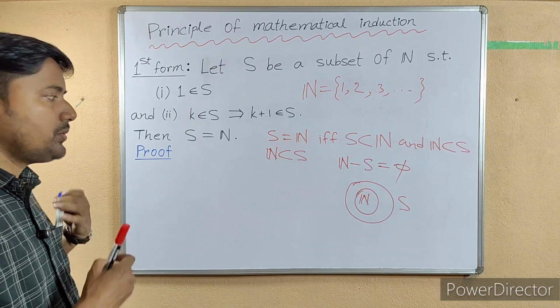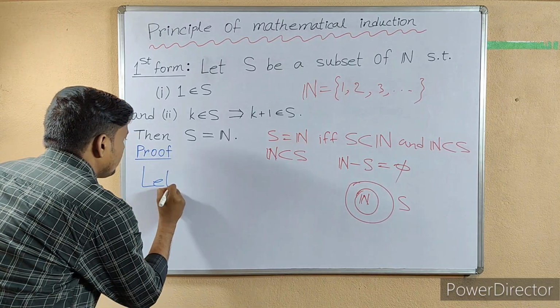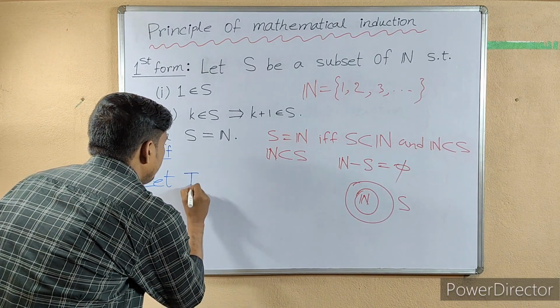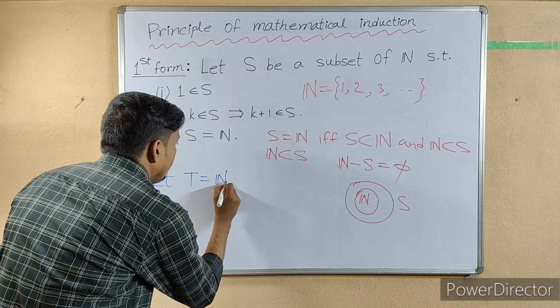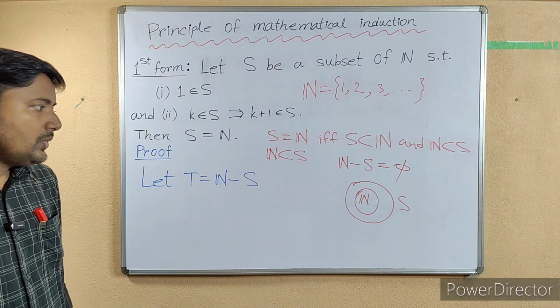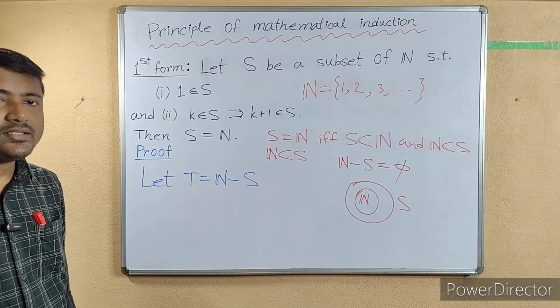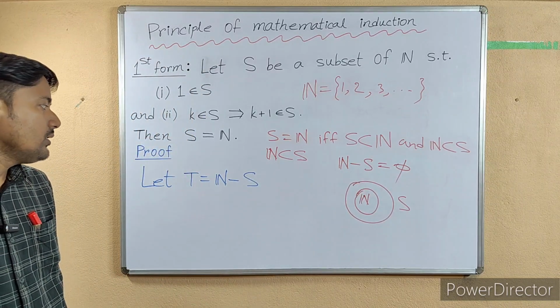Now we start the proof. Let T equal to N minus S. We have to prove N minus S equal to phi, that is T equal to phi.